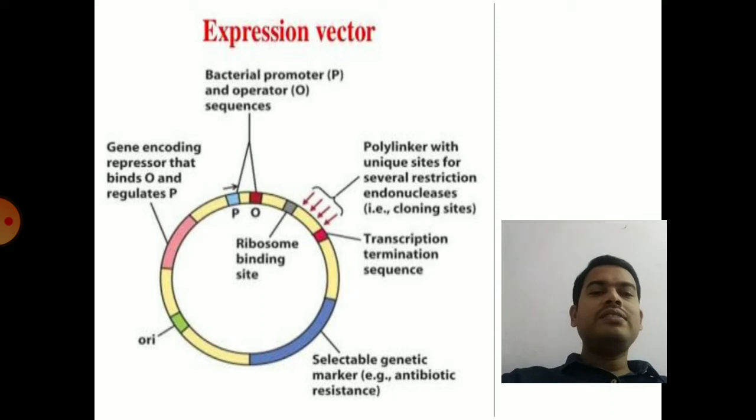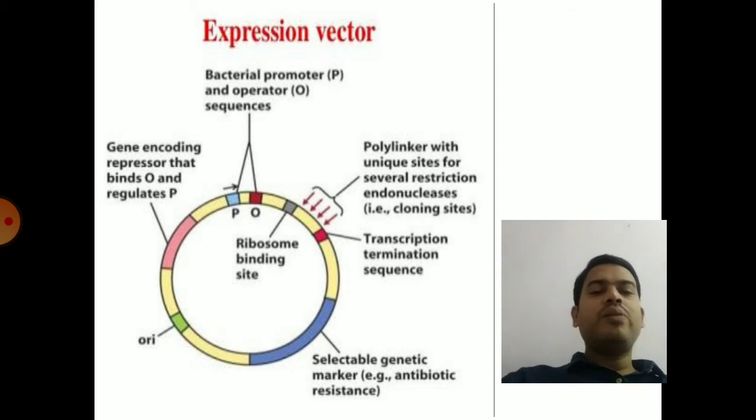So, same as the operon, the plasmid for the expression vector which has to be expressed in bacterial cells contains the main promoter region, and also upstream to the promoter the repressor protein region, and an operator region, and a ribosome binding site, and a transcription termination sequence.